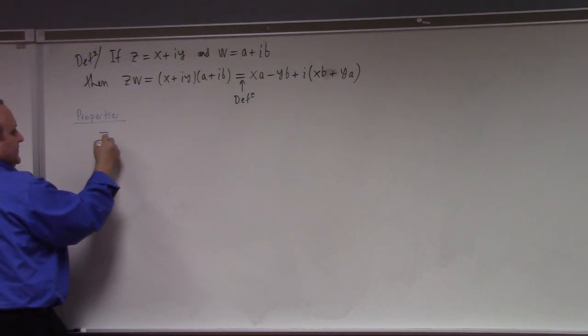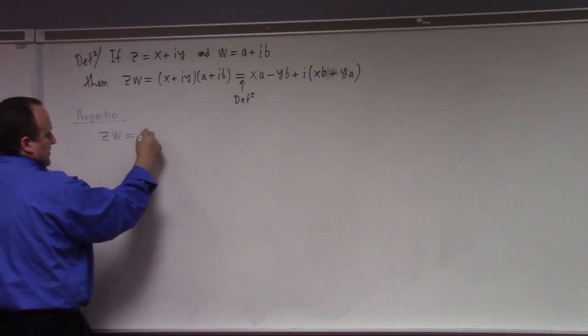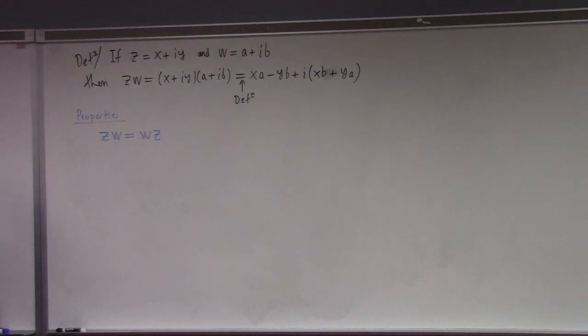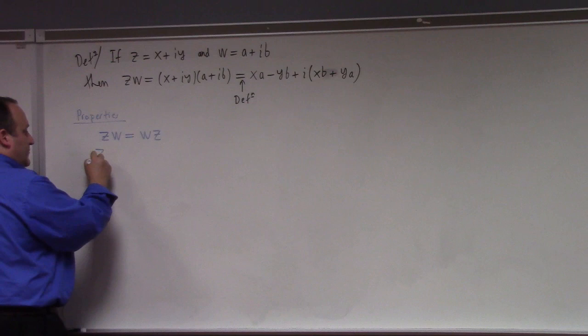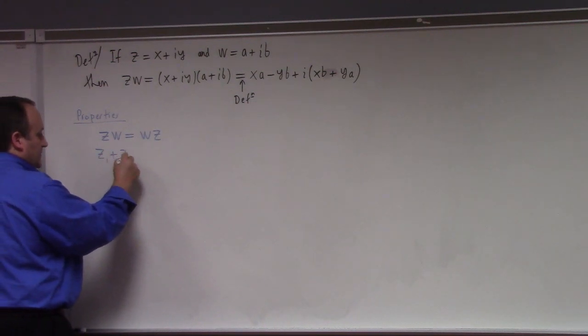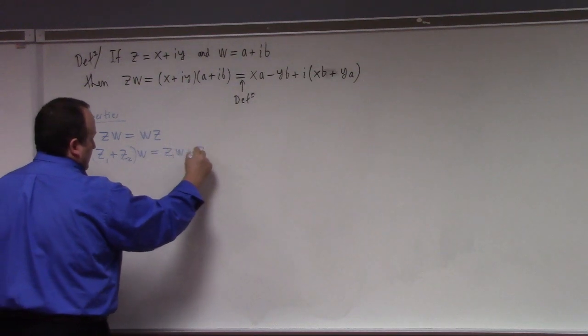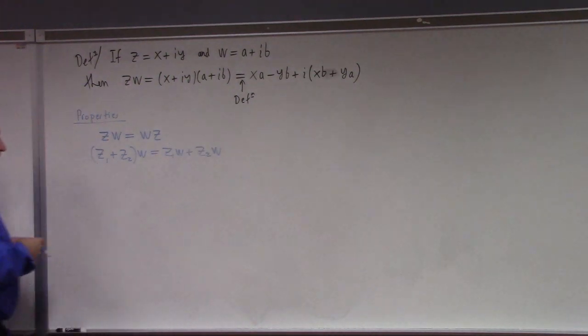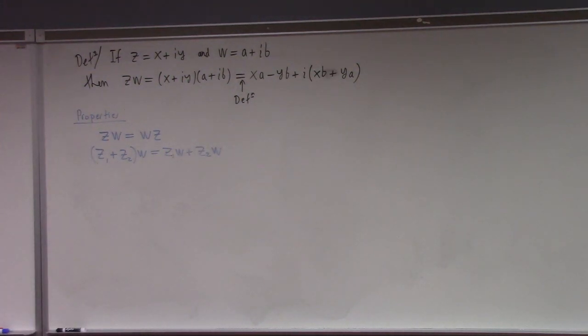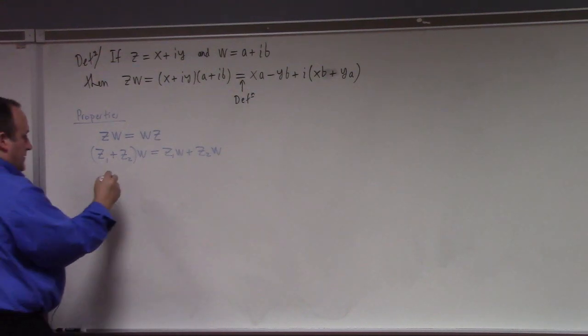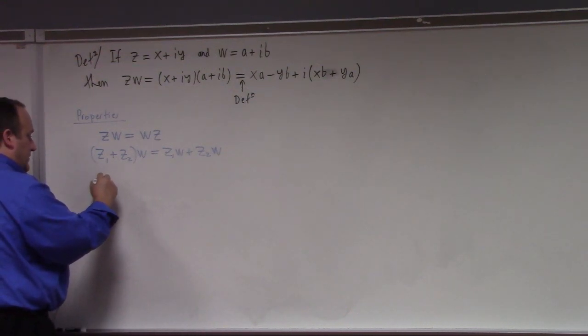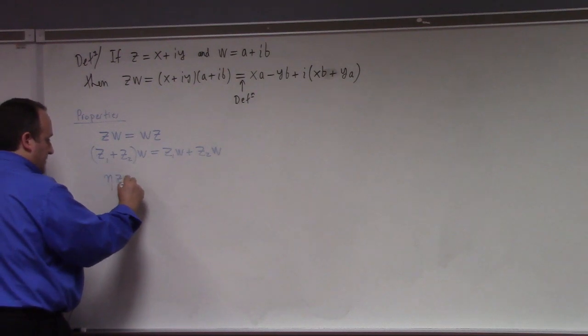So how about z times w is equal to w times z? You could prove that. What else could we prove? We could prove that if we had z1 plus z2 times w, we'd get z1w plus z2w, right? What else could we prove? How about if we had eta times z times w?